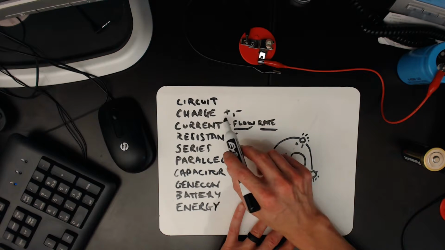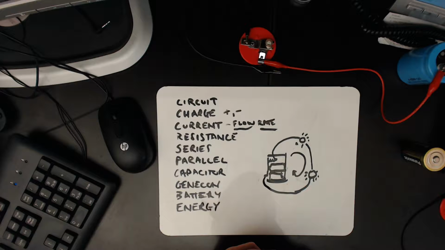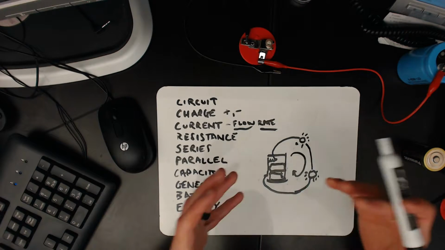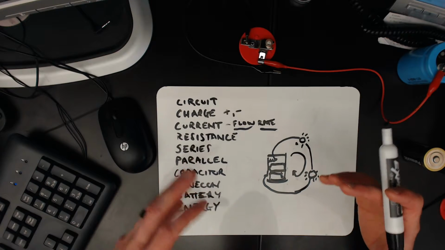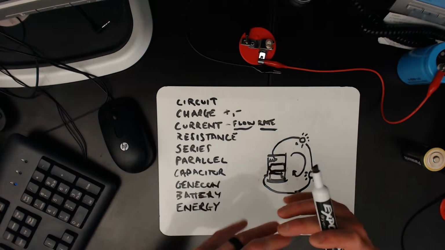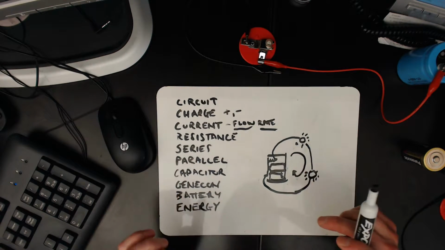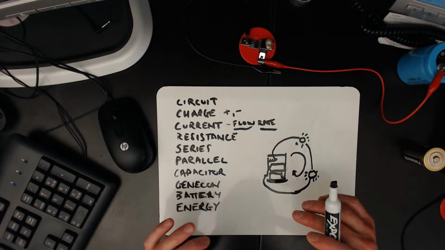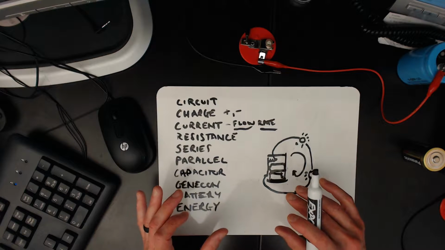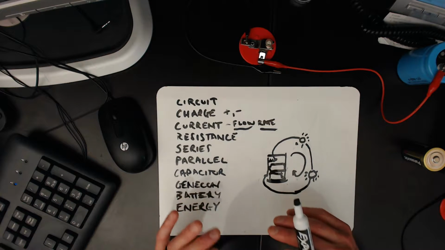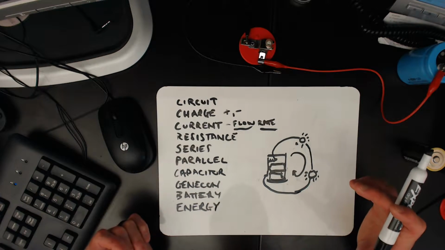And remember that charge can be plus or minus. The idea is that any conducting material has a natural mobile charge on it. And if it's missing some of that natural charge, then we call that a negative charge. And if it's gained extra charge, we call that a positive charge.